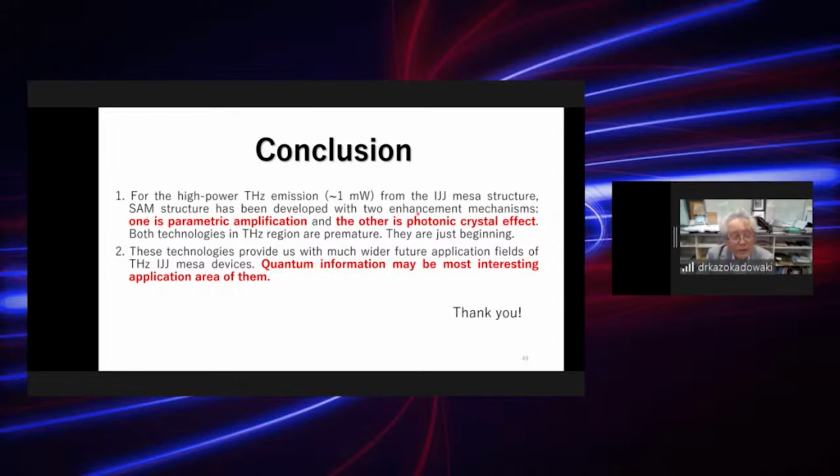And this is coherent radiation, like a laser beam, so it is easy to use for other purposes like quantum computing and reading out of signals, and so on, in the future.